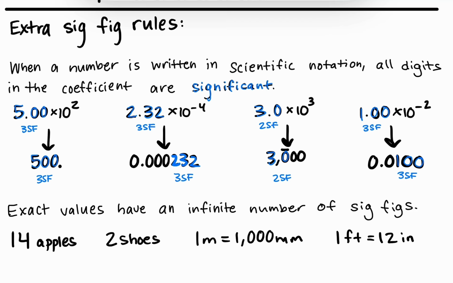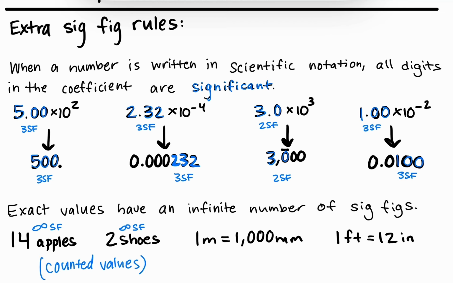I have exactly 14 apples. Same with shoes, exactly 2 shoes, right? So things that you count have an infinite number of sig figs. And when I'm tracking sig figs, I like to just put the infinity sign and say they have infinite sig figs. So these are counted values. Counted values are exact values.